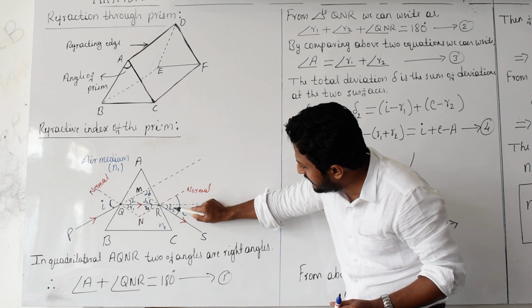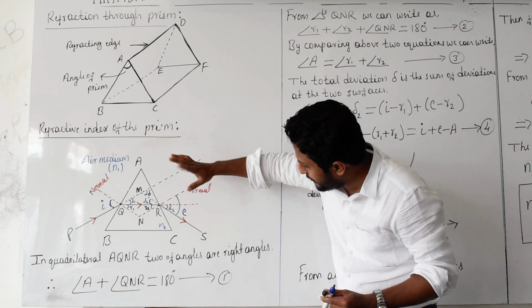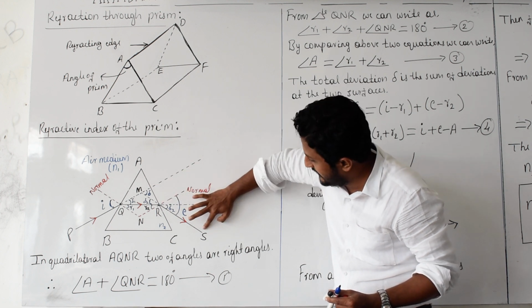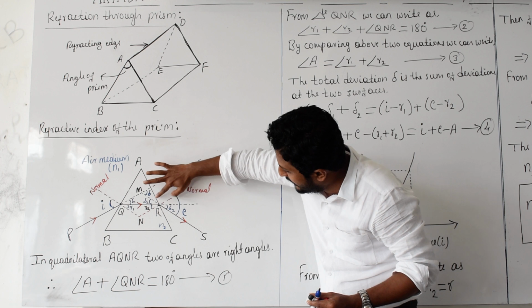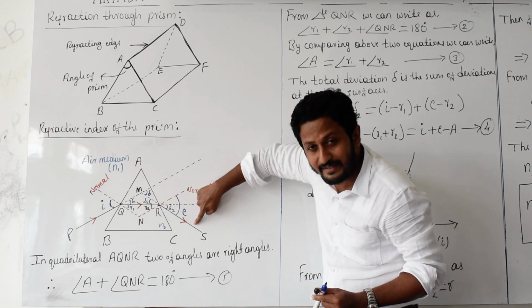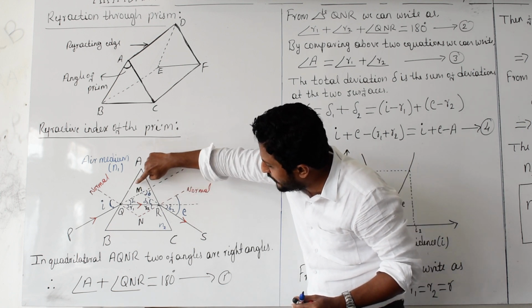Now look here. This delta 2 I shifted, and one more thing is that this RS emergent light ray I have extended in the backward direction.